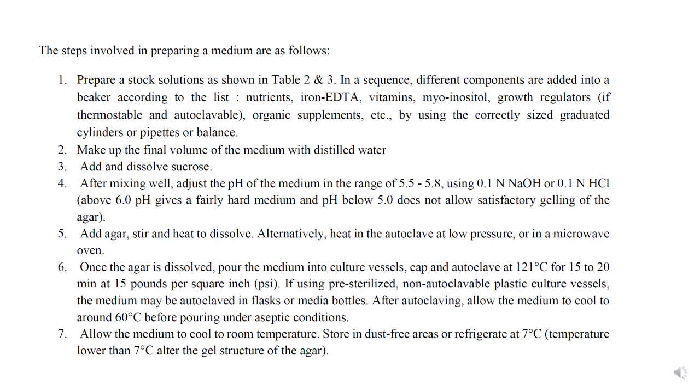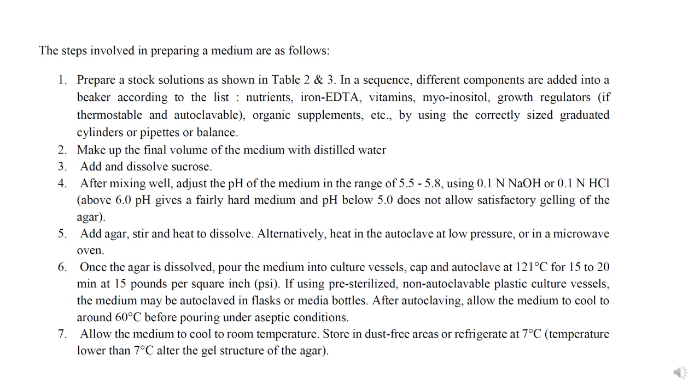Or we can first make the media, autoclave it, and then pour it in laminar flow. The second method is quite cumbersome. So usually we make the media, pour it in the test tubes, and then directly autoclave, and then we make the slants after cooling down.